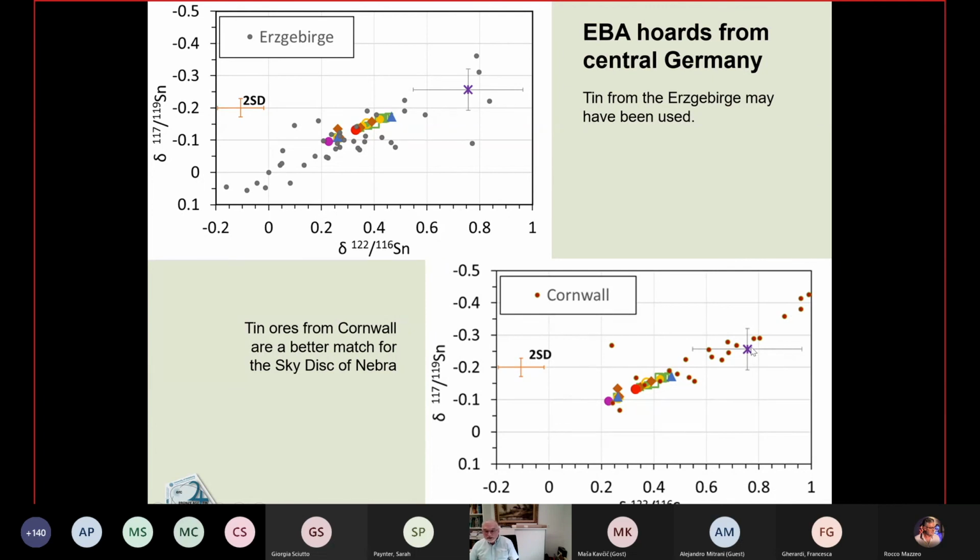However, for the sky disk, the Cornwall data are a much better match, so that we still keep to the conclusion that the tin in the sky disk is from Cornwall. Early Bronze Age tin may have been used, but we simply cannot decide.